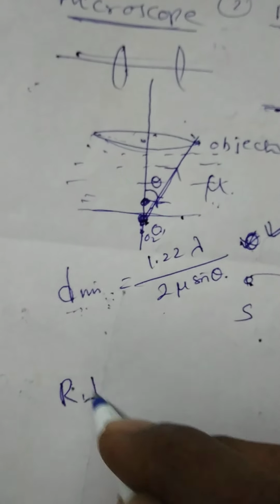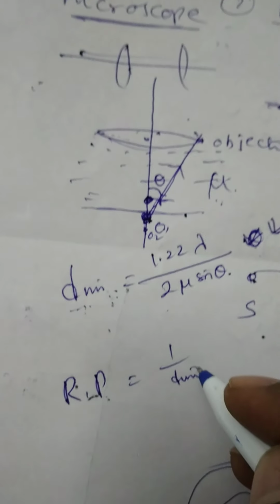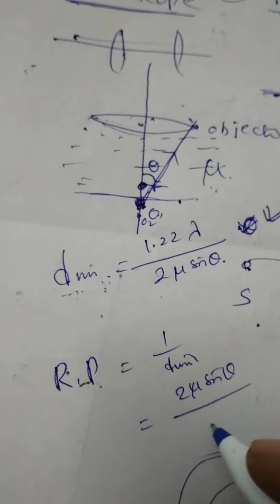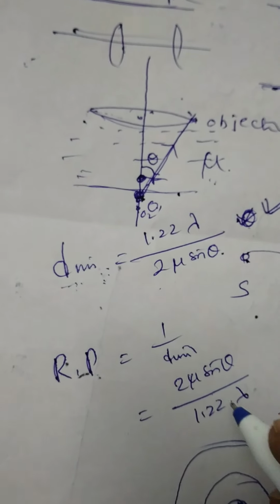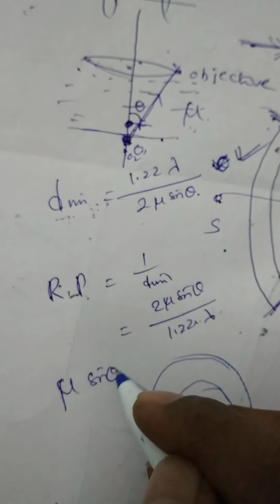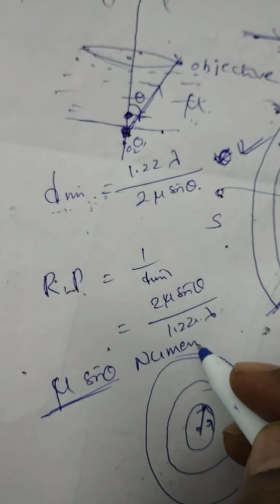Next, the resolving power of the microscope is 1 by d minimum, and this is equal to 2 mu sin theta by 1.22 lambda. In this case, mu sin theta is called the numerical aperture.